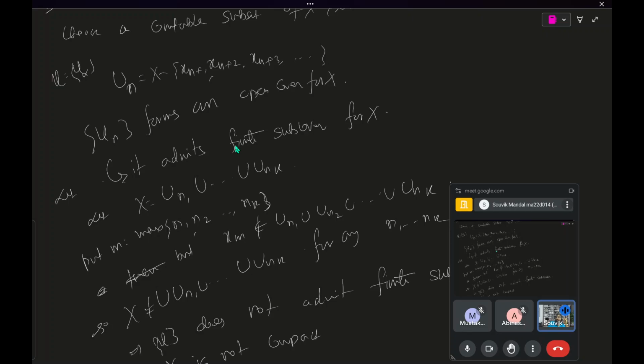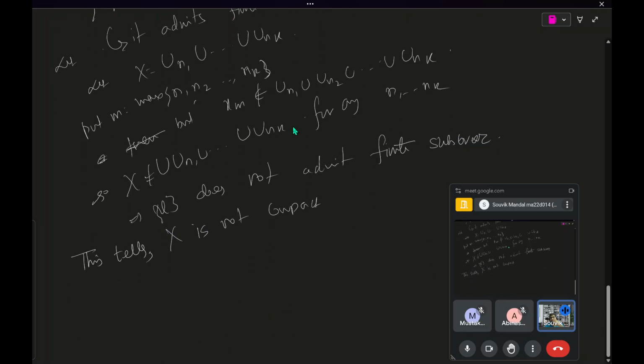But xm does not belong to the union of Un1, ..., Unk. So the open cover does not admit a finite subcover, which tells that X is not compact. So this is the argument. Do you understand?